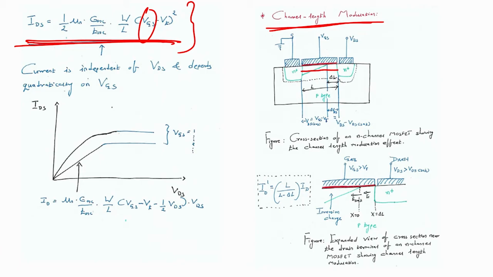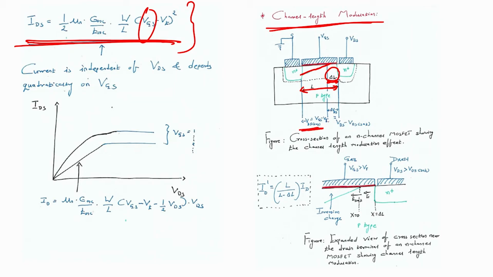Now, if I keep on increasing VDS, I told you, if I keep on increasing VDS, and changing the VGS, slowly the channel will start shrinking towards the drain side. So, if the initial length between source and drain is L, then the amount of channel which has been shrunk is delta L, right.